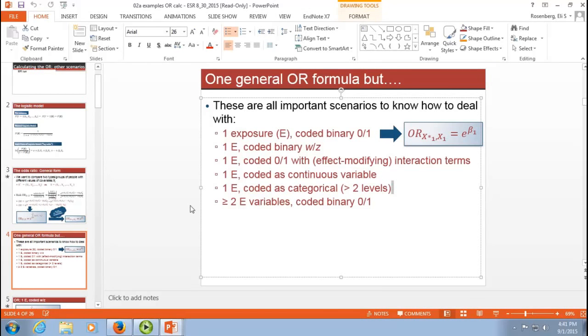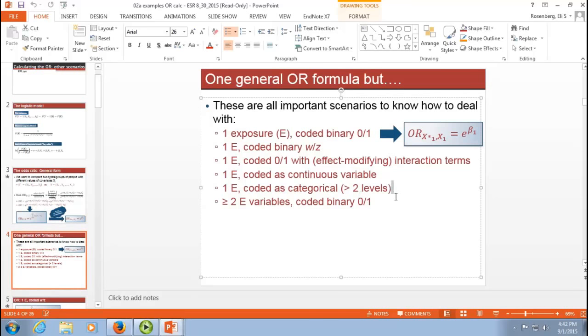It's the same odds ratio formula, but it's going to reduce to interesting things. We work through all of these in these extra examples. I would take a look at them, and if you have questions, we can talk about it more in lab. But just know that it's the same formula applied to these special situations.